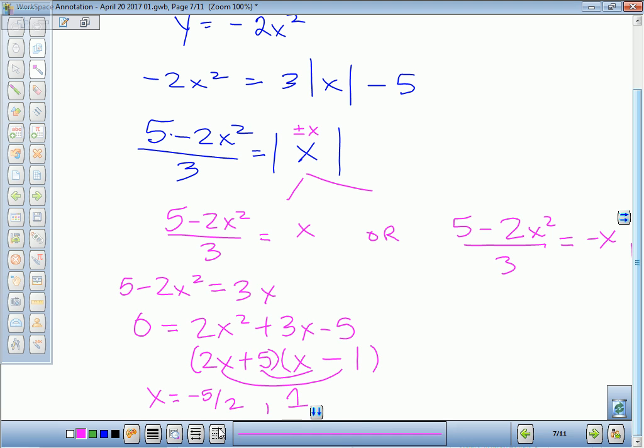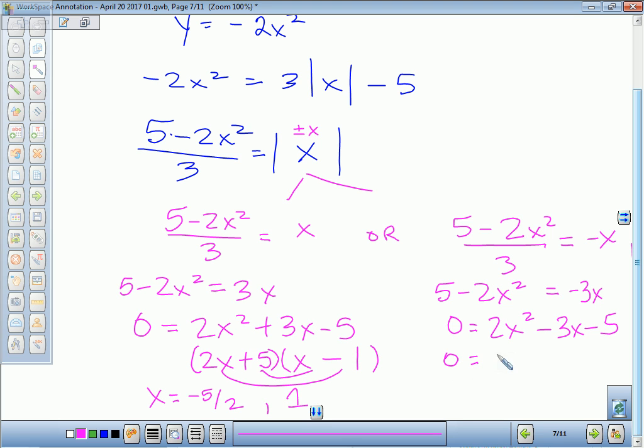Okay, so if these are 2 of my choices, shouldn't the opposites of those also be choices? Yeah? So I think I know what's going to happen, but let's just prove it. Oh, look at that. I proved it.